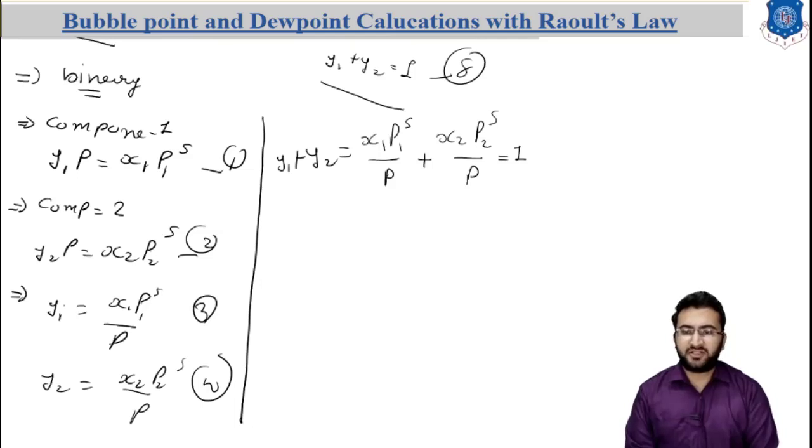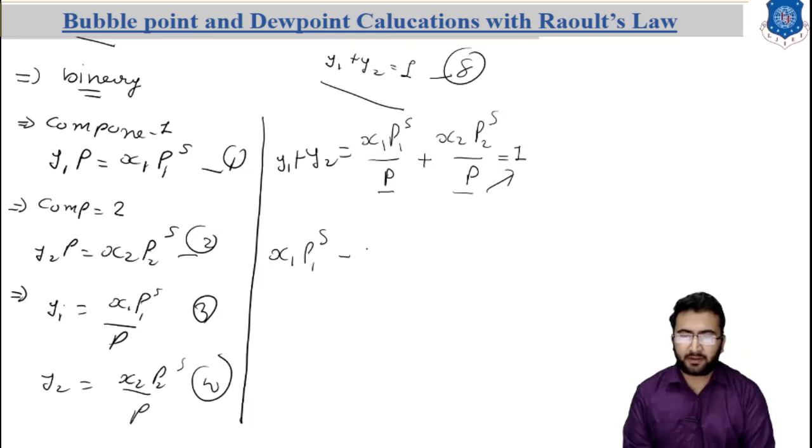So by rearranging this equation, taking this P to this side, we will get x1 P1 saturated plus x2 P2 saturated is equal to P for this binary system.